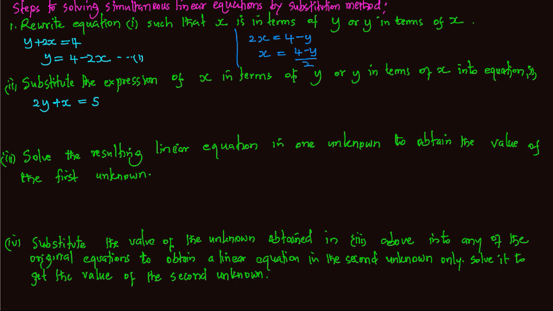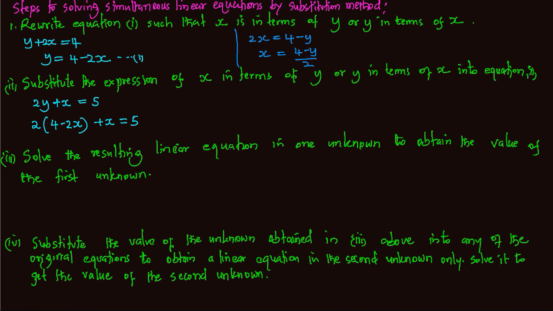So we substitute for the value of y in one above into the second equation. Where there is y, 4 minus 2x, plus x is equal to 5. So here we have substituted the y value in one above into the second equation.